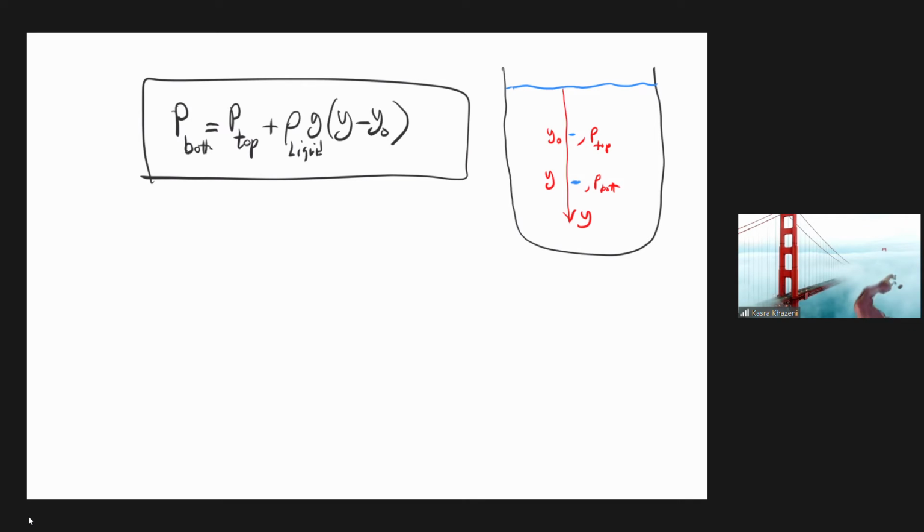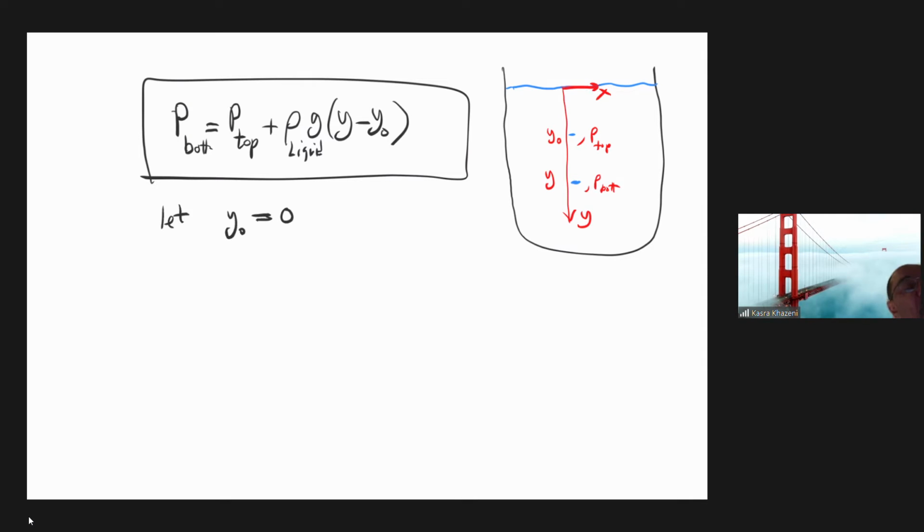All right? So now I'm going to do something to make this equation a little bit more friendly. I'm going to let y naught go to 0, which means I'm going to lift it all the way up to the surface of the liquid.